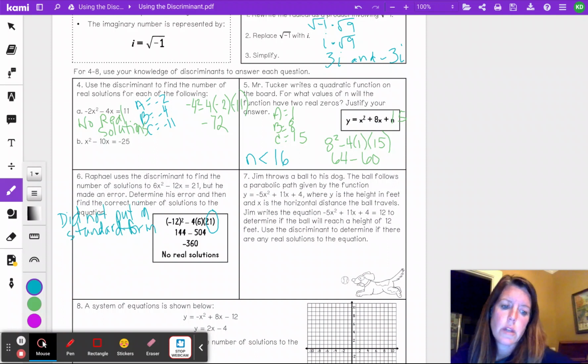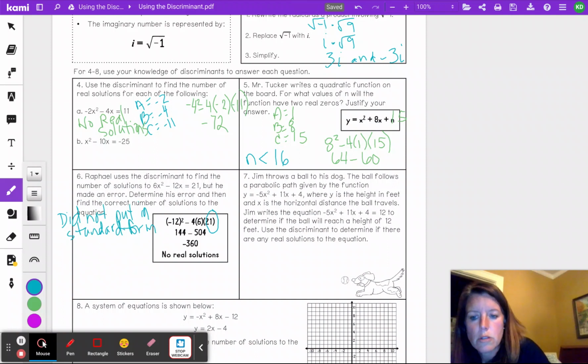So let's figure out what the solutions are. Let's correct it. Our A is 6, so that is correct. So negative 12 squared minus 4 times our A value, which is 6, times our C value, which is negative 21. Negative 12 squared is 144.